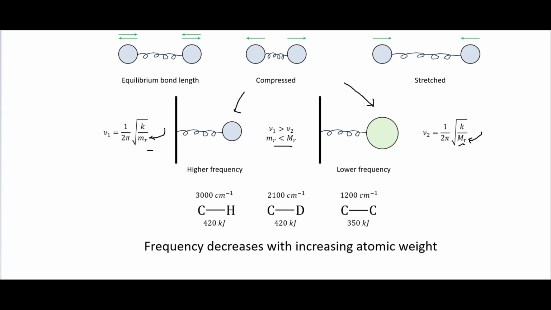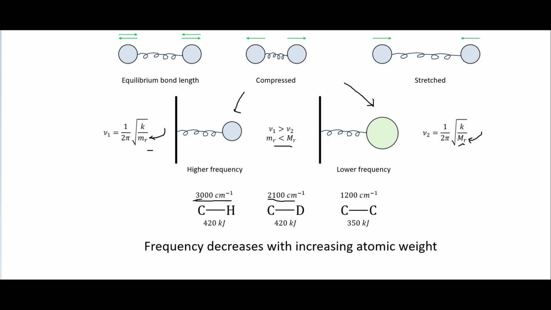And so we can actually look at this with real bonds here. So a carbon to hydrogen has a wave number of 3,000 inverse centimeters. Then carbon to deuterium is 2,100 inverse centimeters. So remember, these inverse centimeters are inversely proportional to wavelength and directly proportional to frequency.